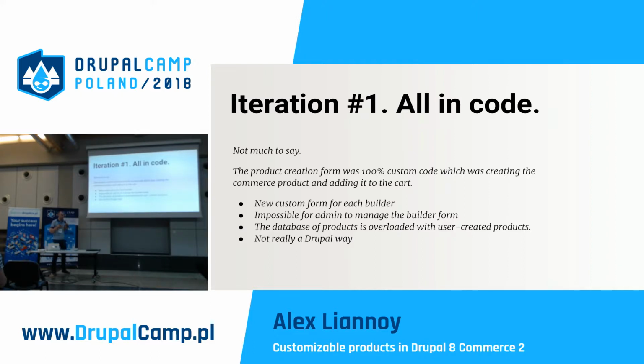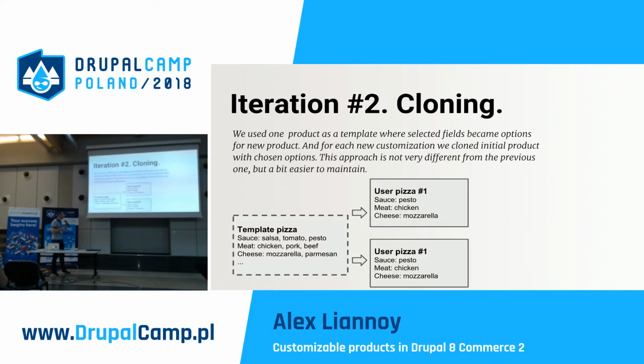It was very hard to manage, and it's not really a Drupal way, because you cannot reuse the code very much since it's custom written. It cannot be published. During the first iteration, we mainly used just the custom code products.